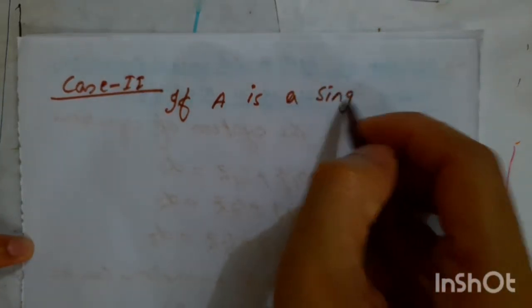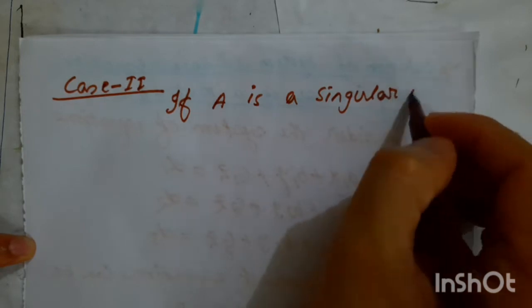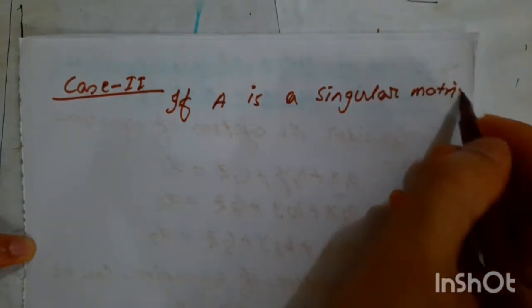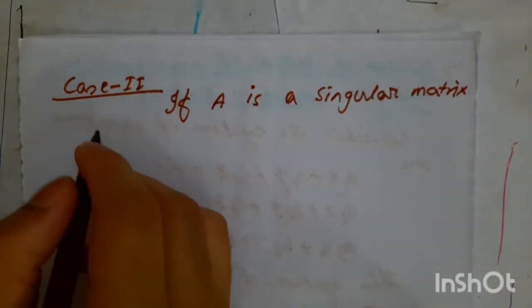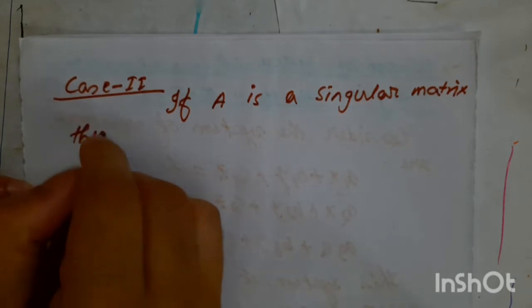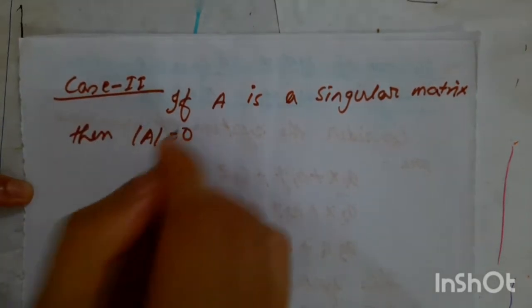There is a case number 2. That means there is another condition that can happen. If matrix A is a singular matrix, then determinant A equal to 0.